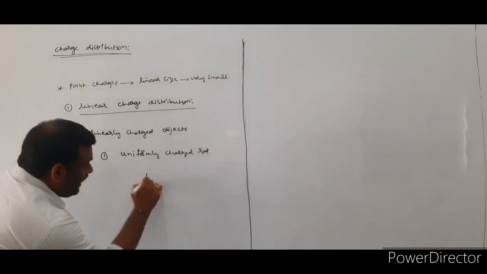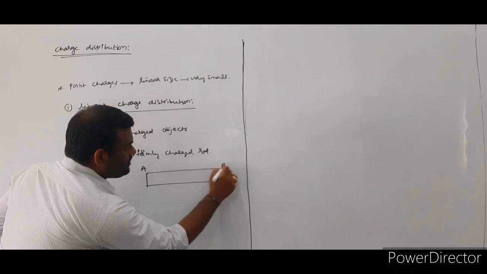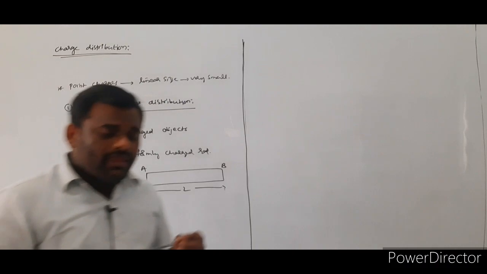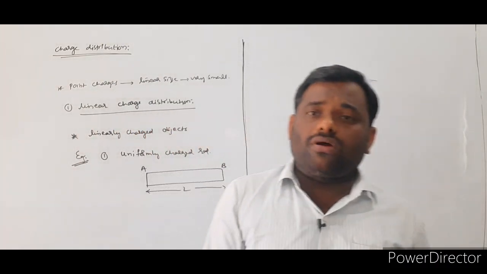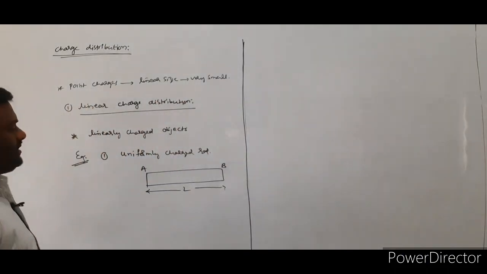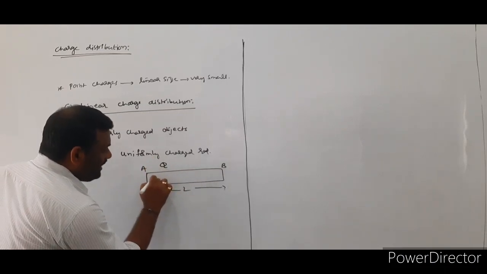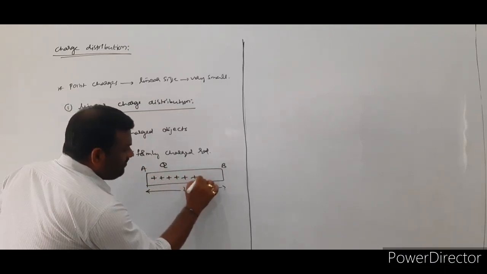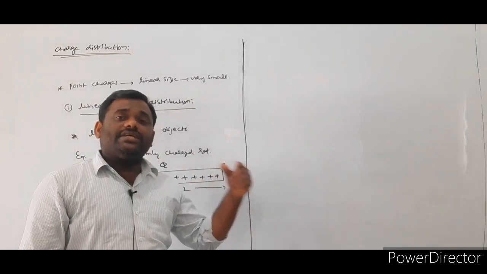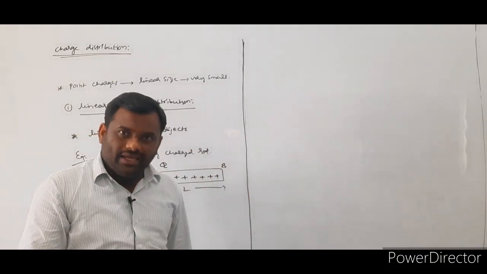For example, I consider a very long rod AB whose length is capital L. Whenever we give some charge Q to the rod, this entire charge is uniformly distributed over its entire length. Such an object we call a uniformly charged rod.